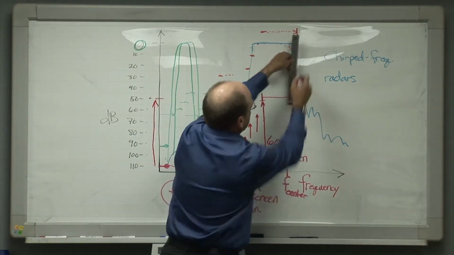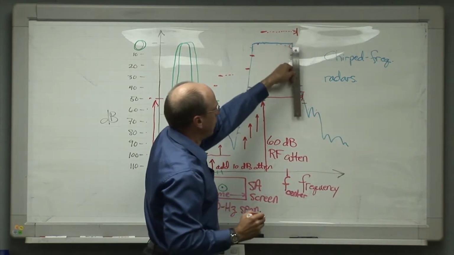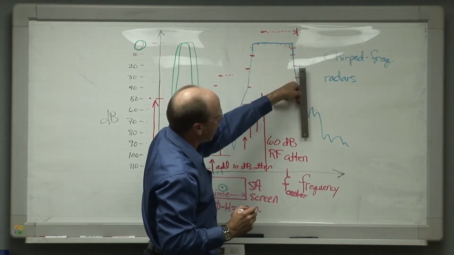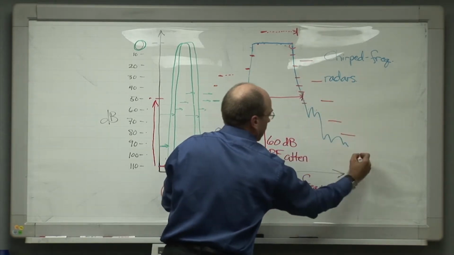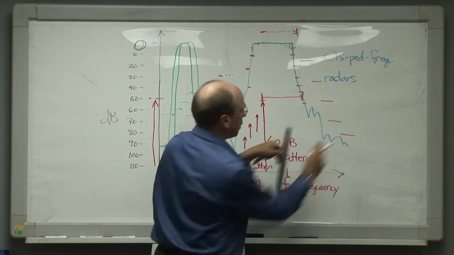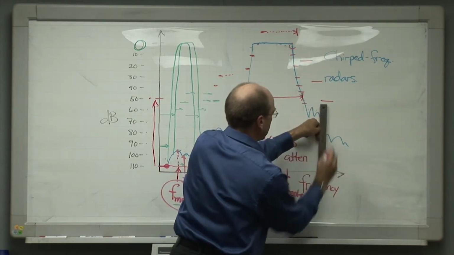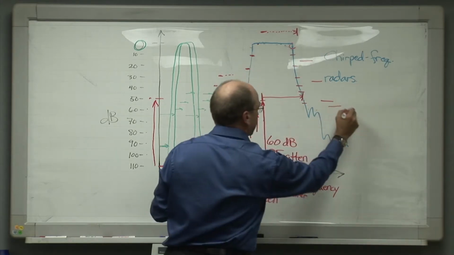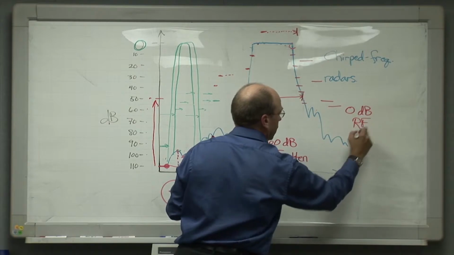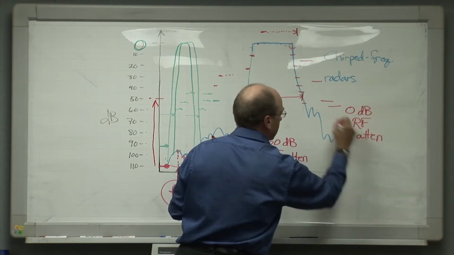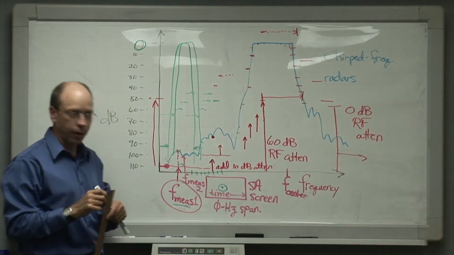And at this point, as the radar emissions begin to drop off as we step our way through the spectrum, we start to take the attenuation out as we walk our way along, and we come down like this until our measurement system gets back down to 0 dB of RF attenuation from this frequency forward, the way that I've drawn it on the board.